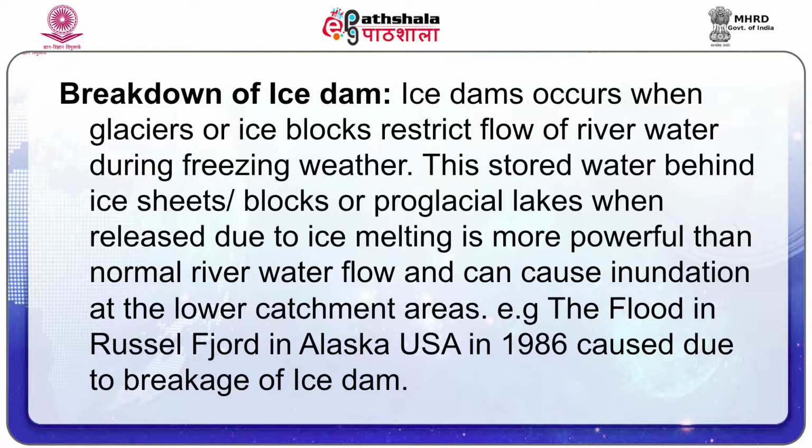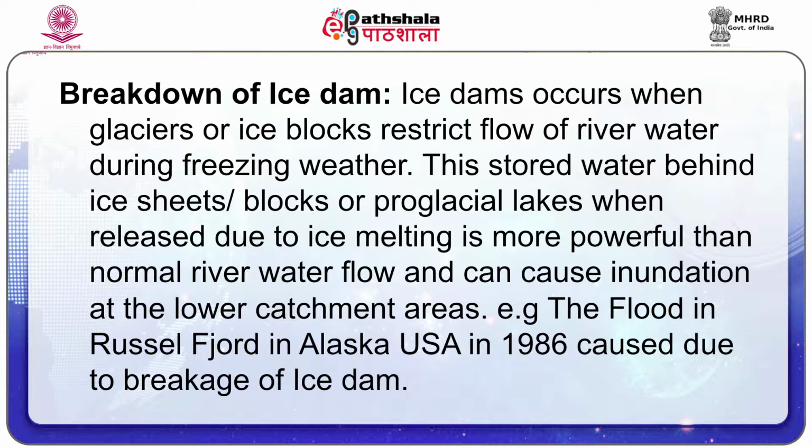Breakdown of an ice dam is another reason causing floods. Ice dams occur when glaciers or ice blocks restrict the flow of river water during freezing weather. The water stored behind ice sheets, blocks or proglacial lakes, when released due to ice melting, is more powerful than normal river water flow and can cause inundation at the lower catchment areas.